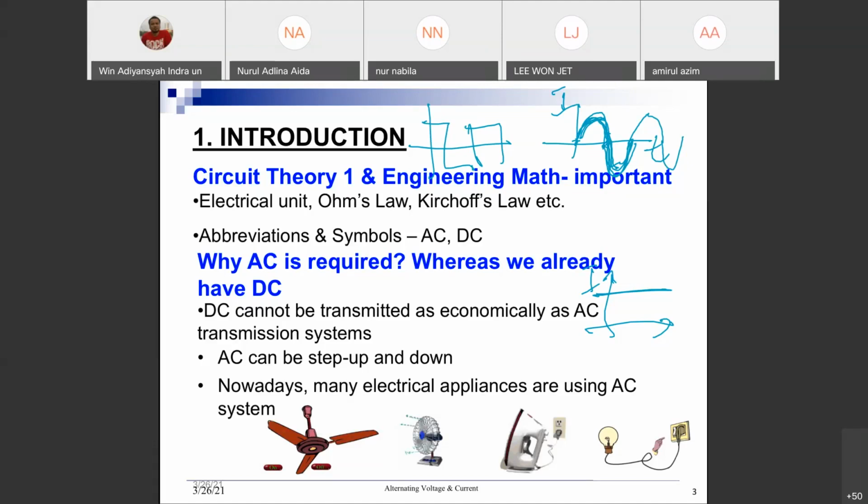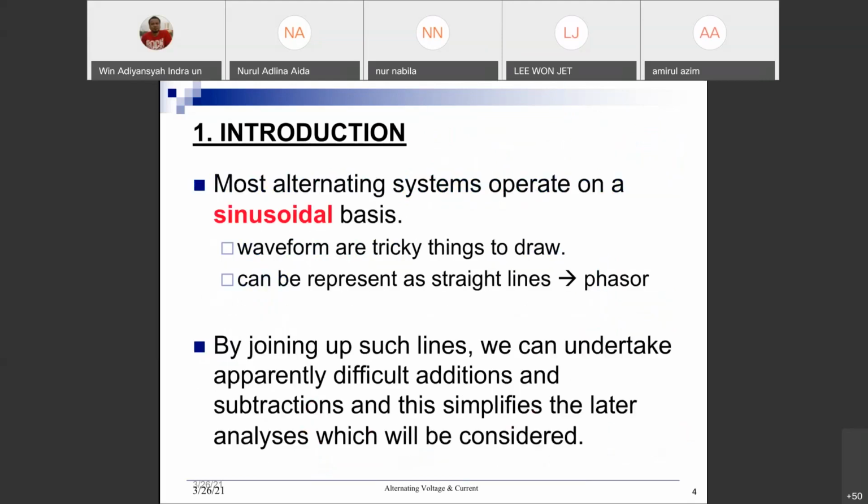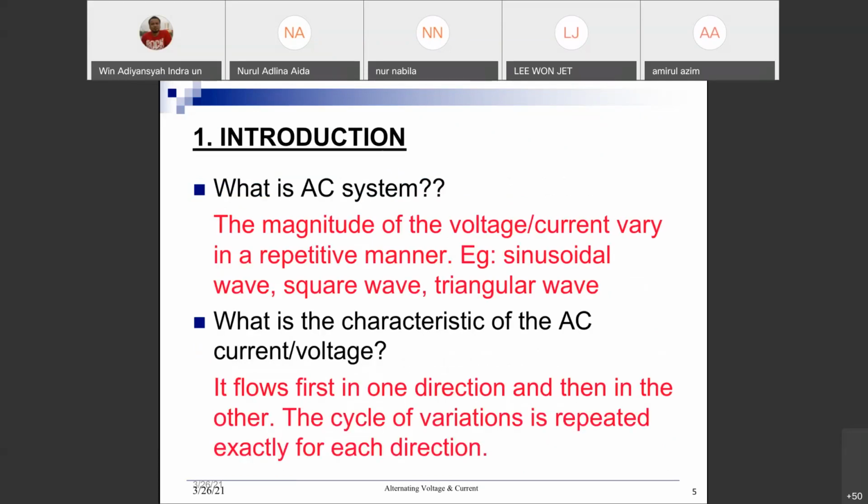Most alternating systems operate on a sinusoidal basis. It can be sinusoidal, or rectangular. What is the AC system?